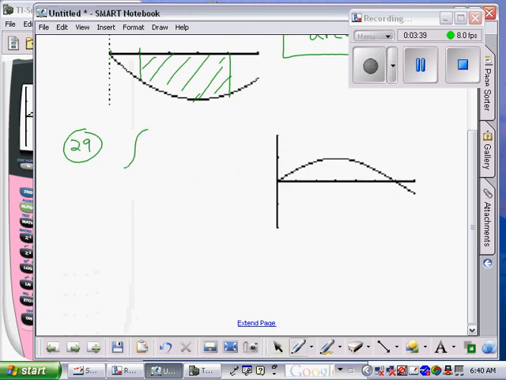And this one was the integral from 0 to 7 of sine of pi over 6x dx. Okay, so if I'm looking at that interval, I have all of this area right here, and then it cuts off right here. So I've got this little piece that's below the x-axis.